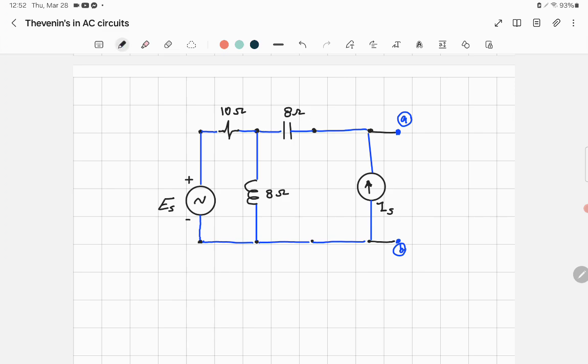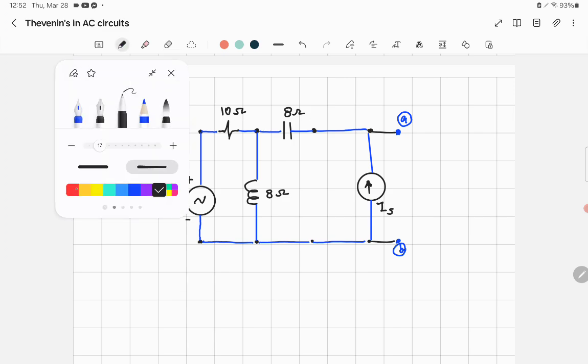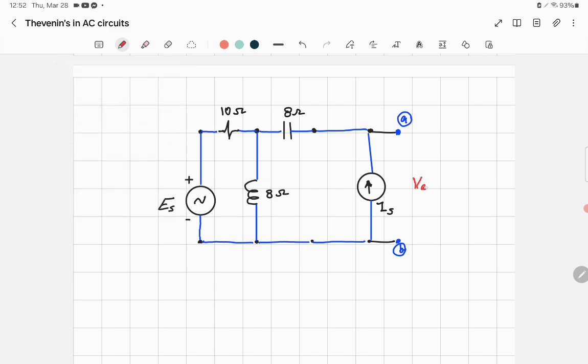You want to find the voltage across AB. If you can find the voltage across AB, that will be exactly E Thevenin. Let me just write that. You can use V or E, doesn't matter.